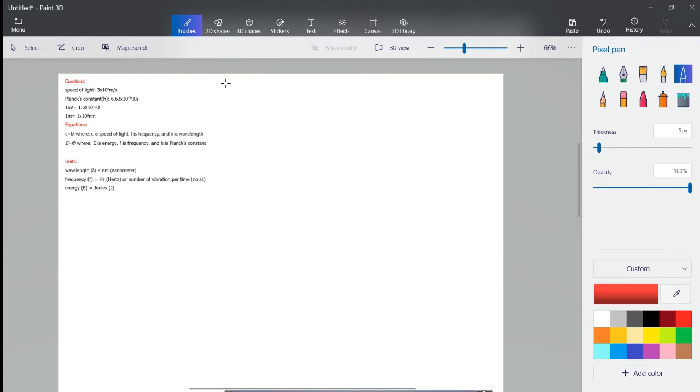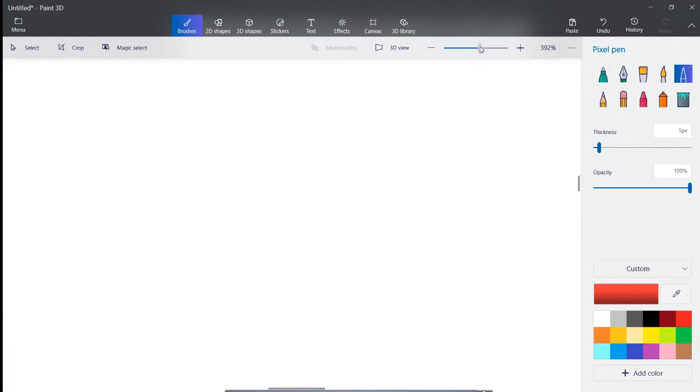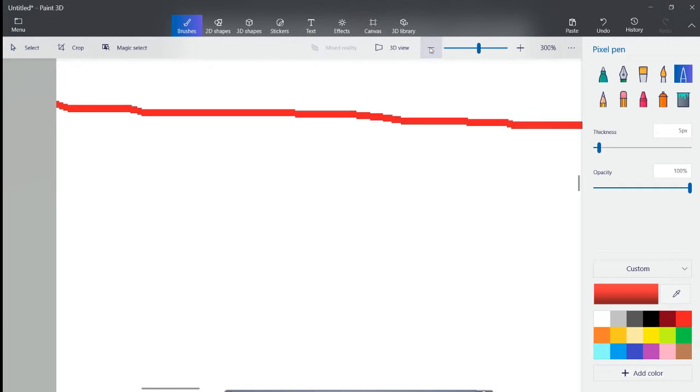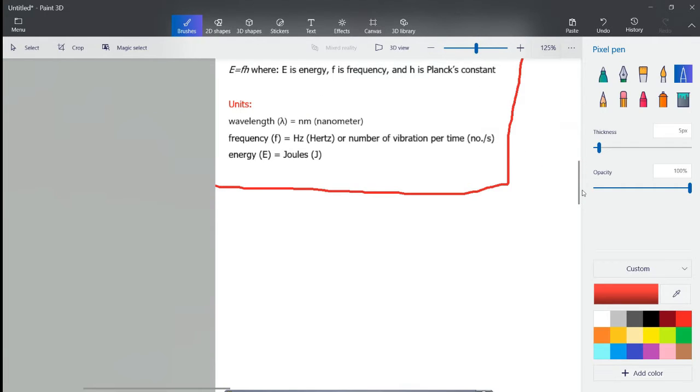Okay, so now we already have this. Let's have the red pen. Next we should have the problem first. No, let's discuss first what those things are.